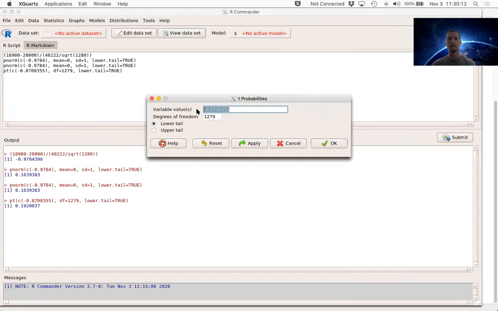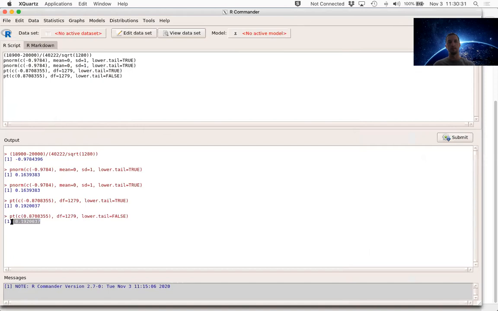Then I selected negative, then I put the test statistic value in for variable, and the degrees of freedom. I'm using the negative here, so I clicked lower tail. If you wanted to, you could use the positive and click upper tail. That would work as well. And that's where the 0.1920037 came from.